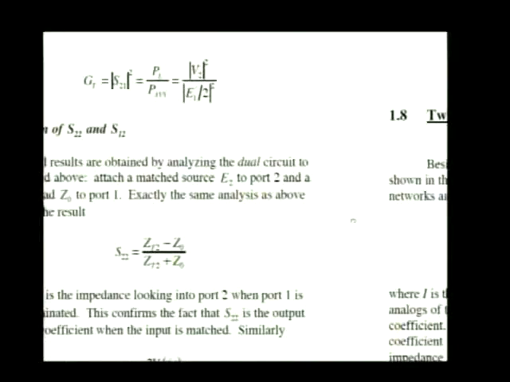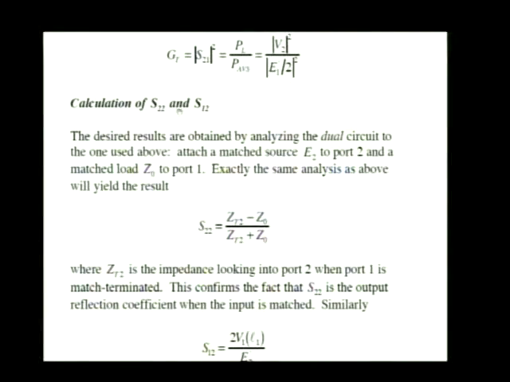How about the other two scattering parameters? There are two more, S22 and S12. I am not going to go through any analysis at all to find formulas for those two. I am simply going to wave my hands and invoke this magical word of duality and say that by duality, since I already have formulas for S11 and S21, I automatically already have formulas for S22 and S12.